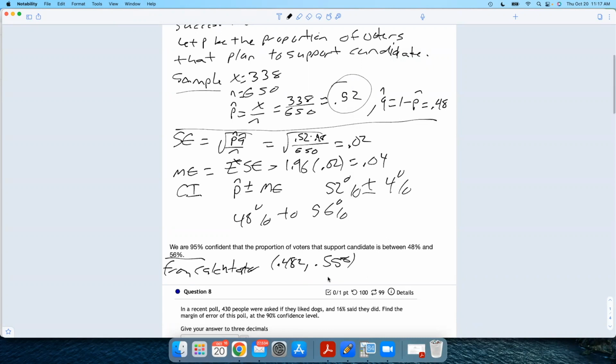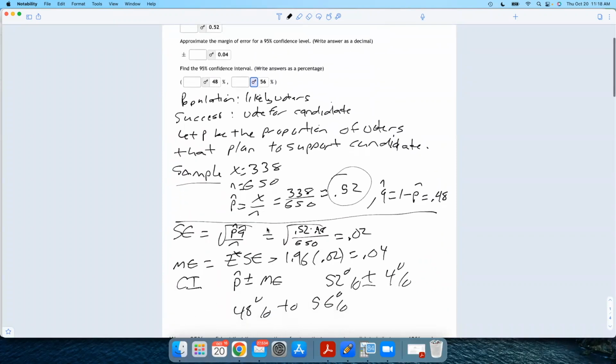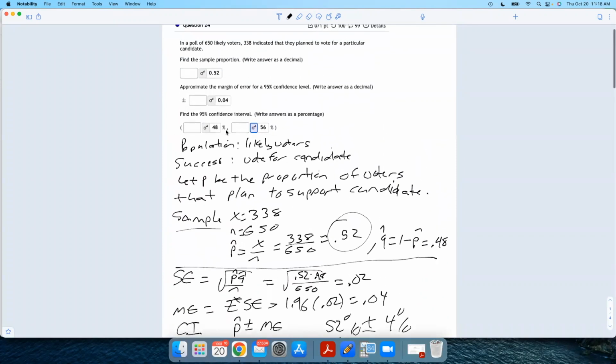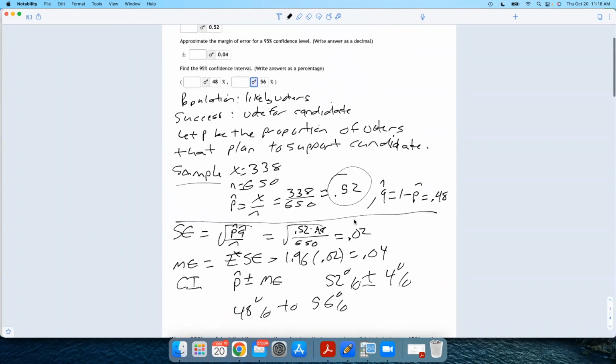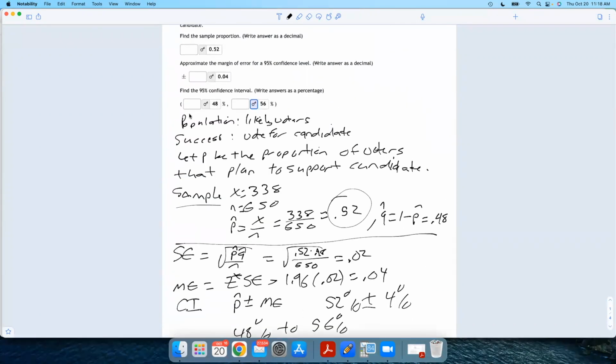So right there, I'm done. I could have answered this question. Obviously, I just would have typed, like, this is more accurate than what we got there. And that's because we rounded right here. If we hadn't rounded so much right here, we would have gotten those same numbers. So I literally could have typed that 48.2, 55.8. It would have given me credit.